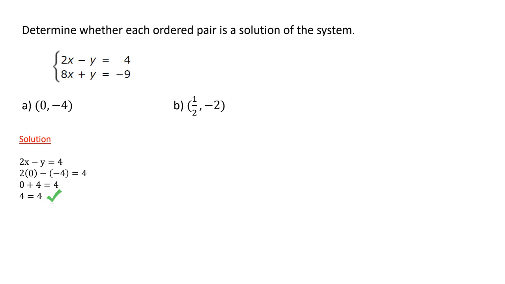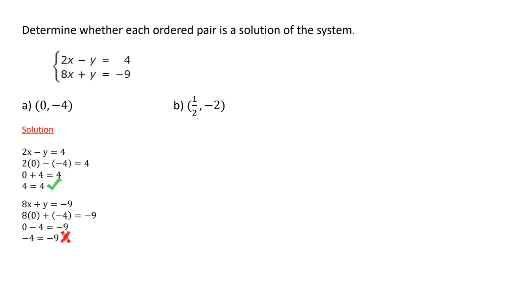For it to be a solution of the system, though, it also has to satisfy the second equation. Let's substitute (0, -4) into the second equation. When we plug in 0 for x and -4 for y, we get a false statement: -4 is not equal to -9.